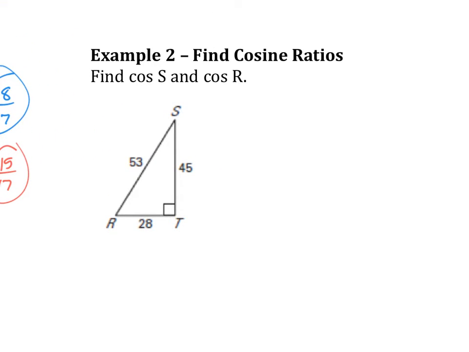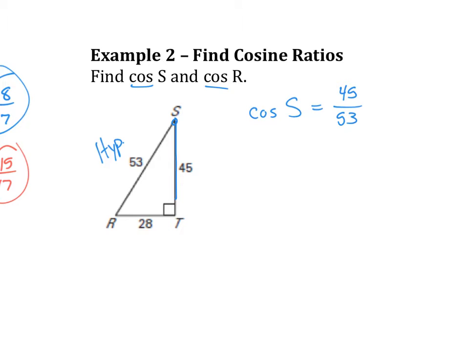Cosine, if we're trying to find the cosine of S, and by the way, cos stands for cosine. So we would say cosine of S or cosine of R. So the cosine of S means you start at S, and here is our hypotenuse. Cosine is adjacent over hypotenuse. So adjacent to S is 45, and the hypotenuse is 53.